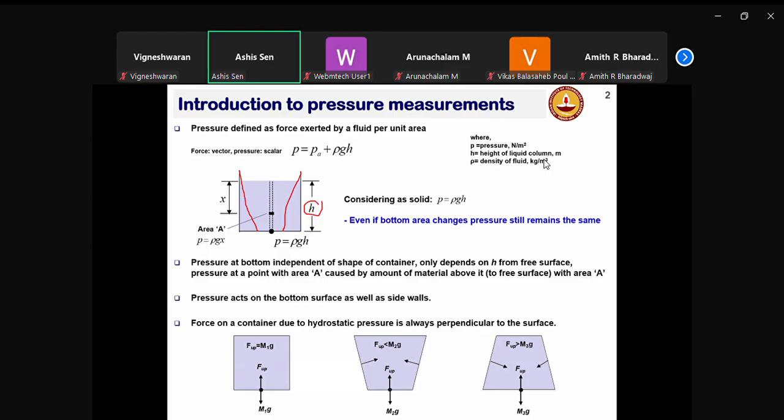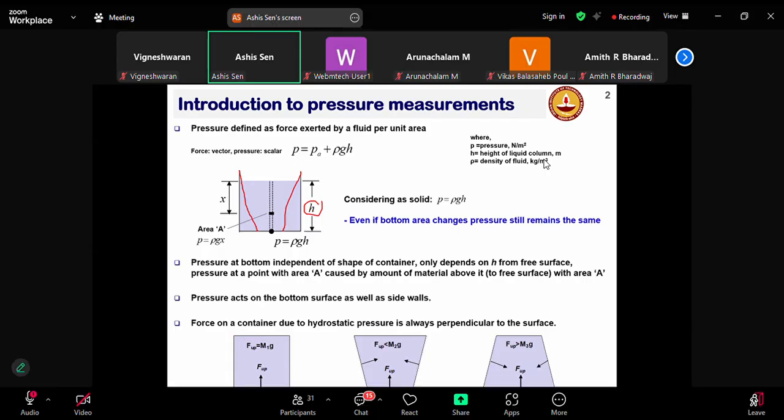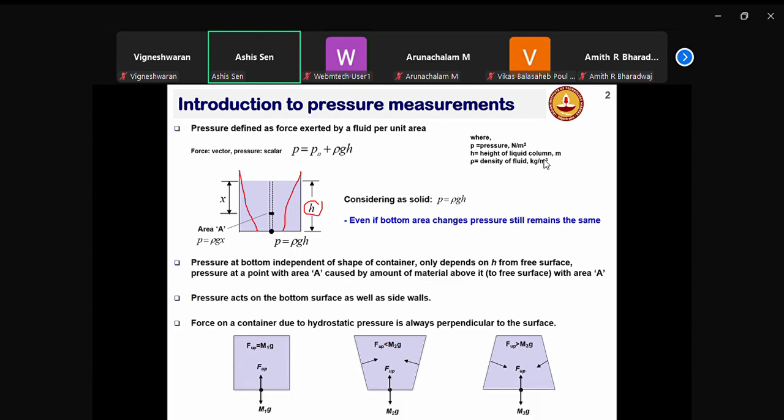So to illustrate this, we have three examples here. In one case, we have a perfect rectangular cross section. Here we have a trapezoidal cross section where the bottom area is reduced, smaller than this area. In another case, the bottom area is increased, larger than this bottom area.